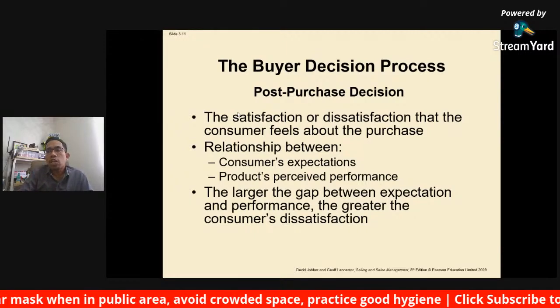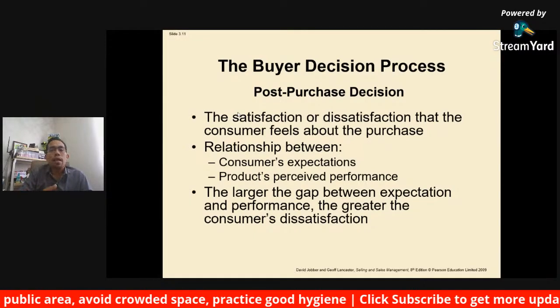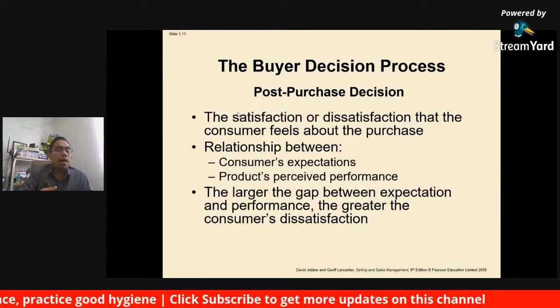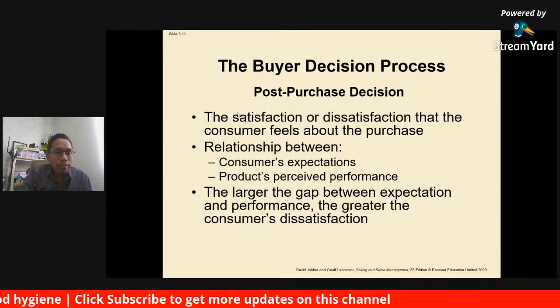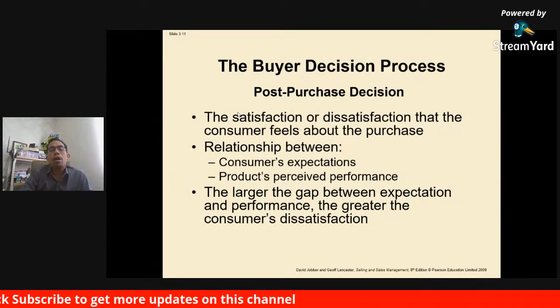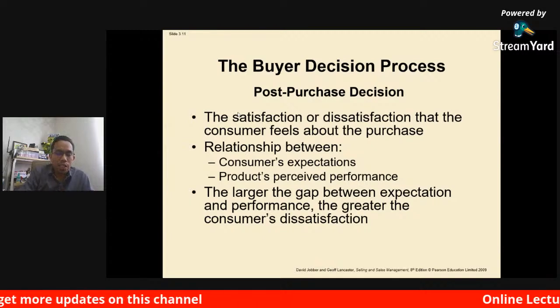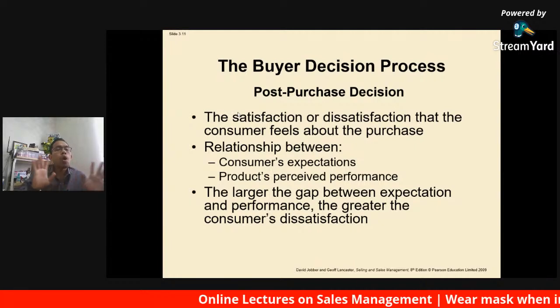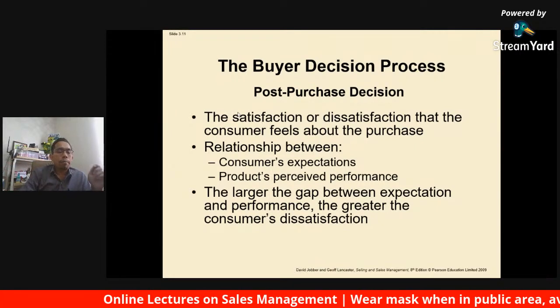The satisfaction or dissatisfaction that the consumer feels about the purchase comes after consumption, of either goods or services. It is the relationship between the consumer's expectation and the product's perceived performance. We always compare.